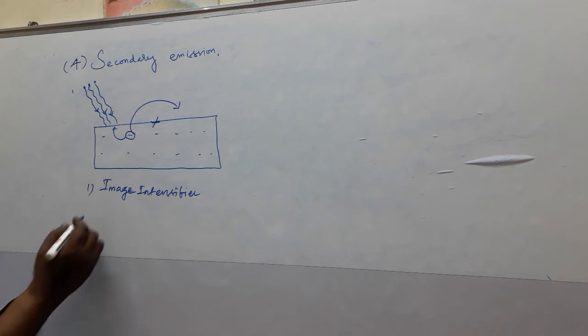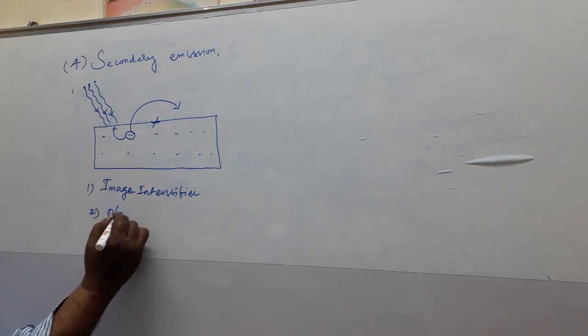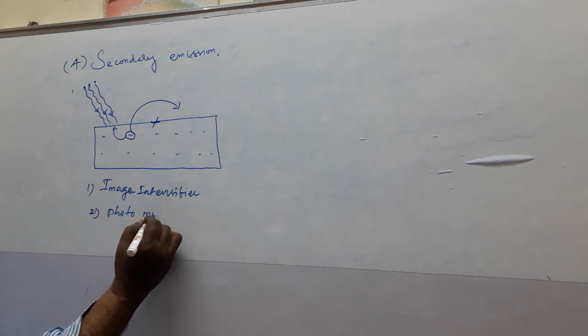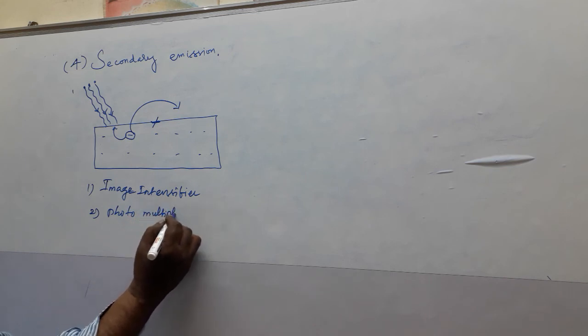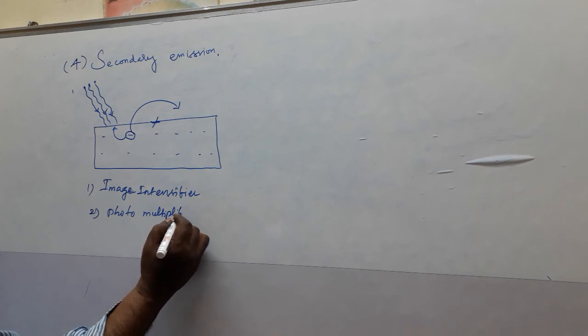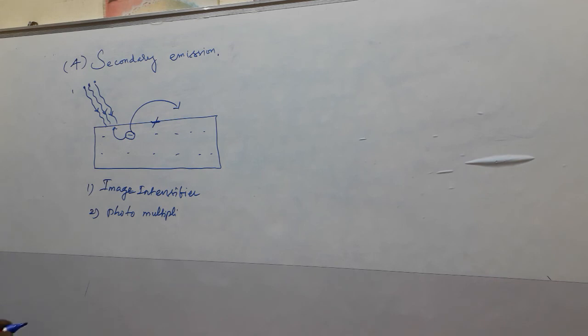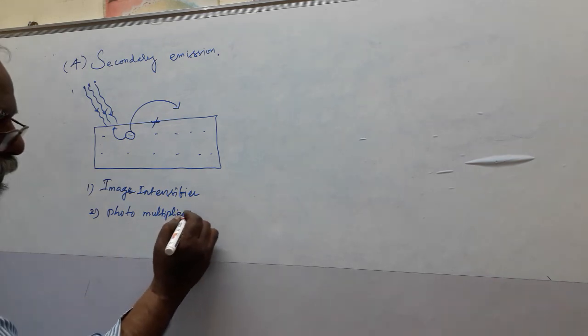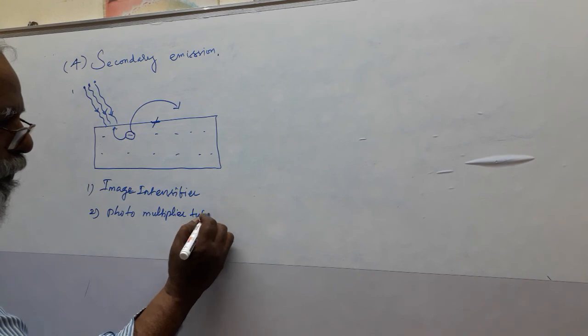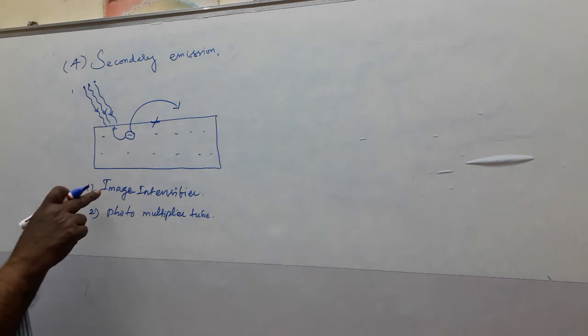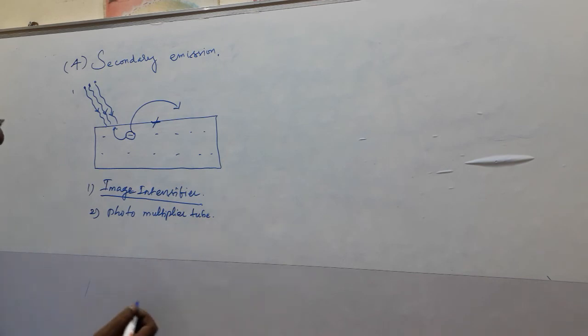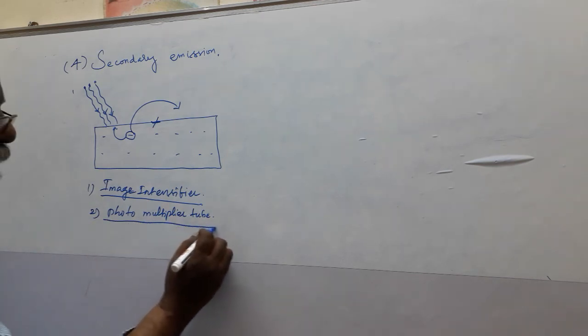The second one is the photomultiplier tube. These two are very important examples for secondary emission: the image intensifier and the photomultiplier tube.